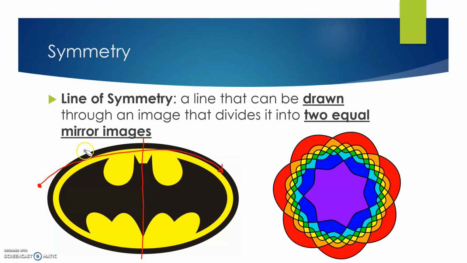Now, I could not draw it this way, because if you took out the symbol inside, that would be a mirror image, but because the symbol is in there, then really what would happen is that this would come around like this, and then it would go like this, and then like that. And so it wouldn't truly make a mirror image. So this one has one line of symmetry drawn vertically.